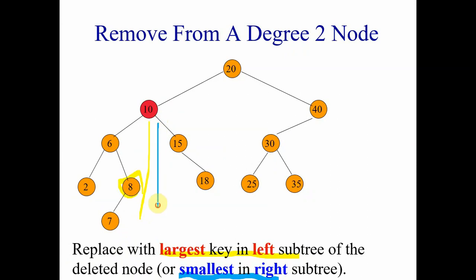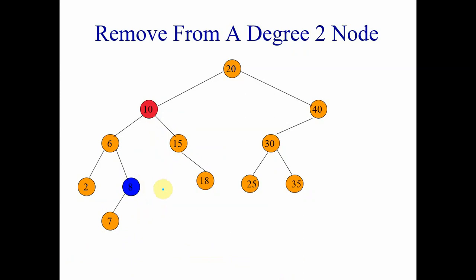In this case it is 15. In the following example, we will just make use of the largest key in the left subtree, so that you can have a better understanding.